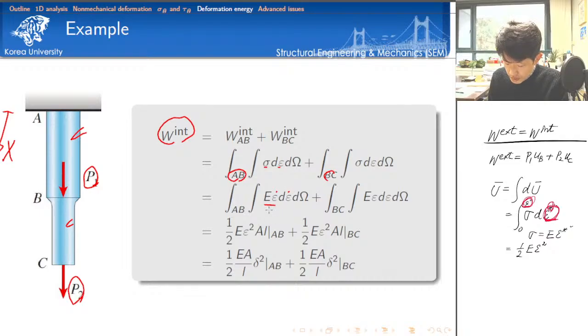But anyway, the result is the same. The deformation energy density is a half of elastic modulus times strain square. Then we integrate over the volume. That's area times the length of the AB member, and then the same for the length of the BC member.